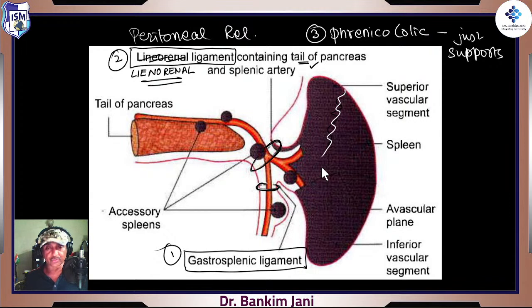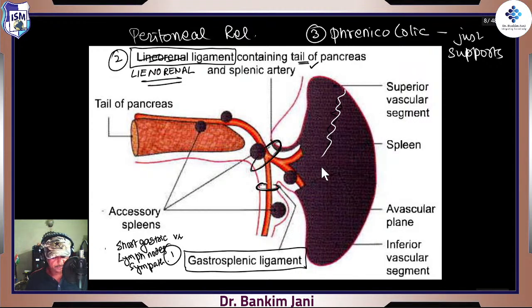So in the gastrosplenic ligament, which is from the hilum to the greater curvature of the stomach, what will it be carrying? Well, it would be carrying short gastric vessels, plus lymph nodes, and some sympathetic nerves, right?